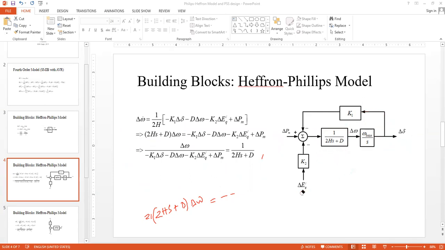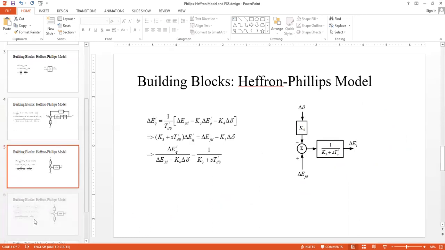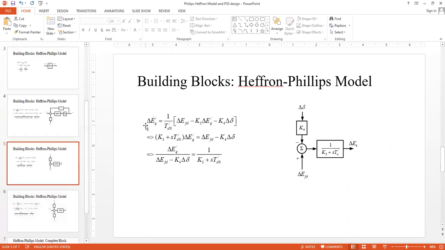So the del Eq prime dot equation, the third state equation from the fourth order model. You see there is del Eq dash dot equals 1 upon Tdo dash multiplied by delta Efd minus k3 del Eq dash minus k4 del delta.